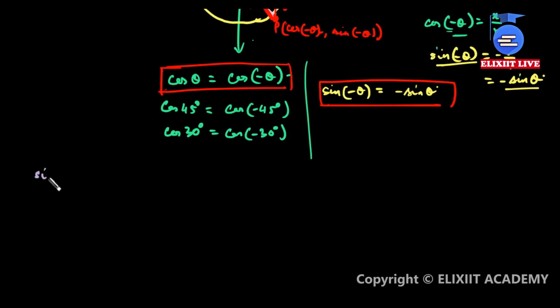Sine of minus theta is minus of sine theta. Same thing goes for the opposite of sine, which is cosec of minus theta is minus of cosec theta.